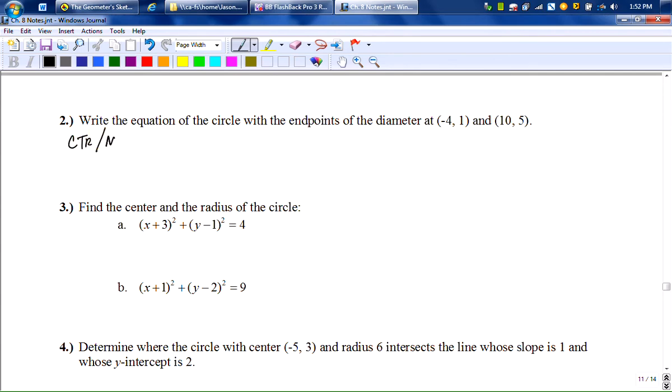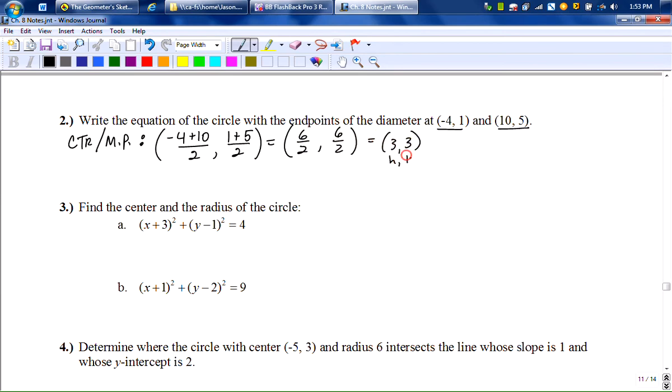Well, the center of the circle is the midpoint of these points. So I'm going to use the midpoint formula to find the center. This is my h and my k, the center of the circle.